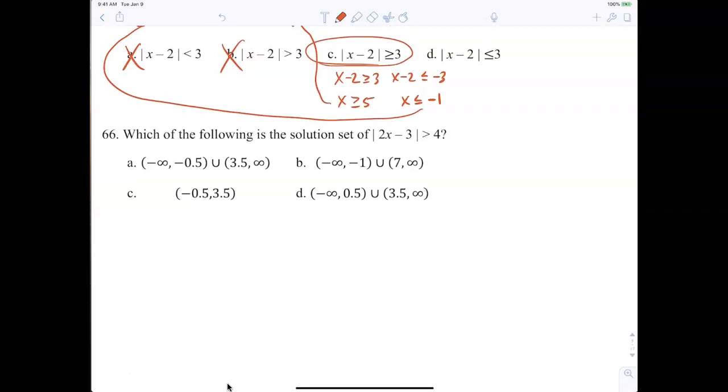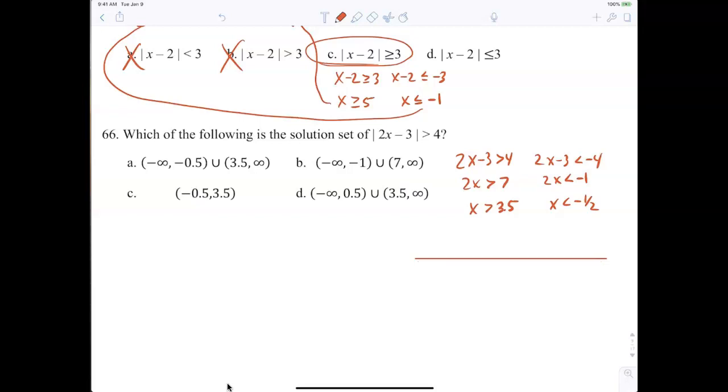Okay. Now here we want 2x minus 3 to be greater than 4, 2x minus 3 to be less than -4. 2x is greater than 7, x is greater than 3.5. 2x is less than -1, x is less than -1/2. Now to me sometimes it's easier to look at the number line, so here's -1/2, here's 3.5.